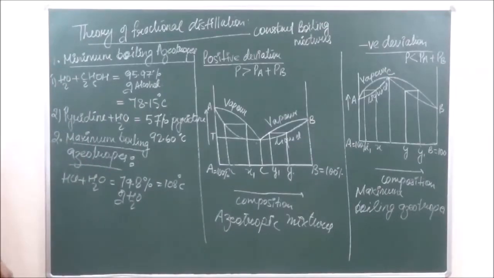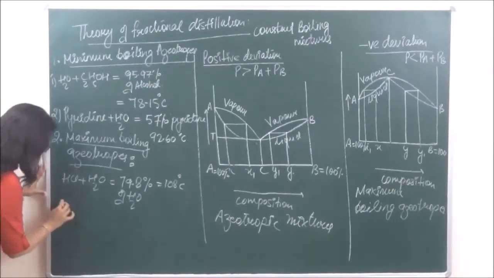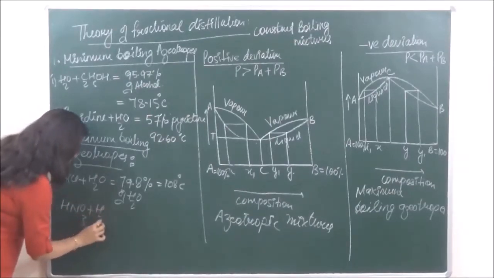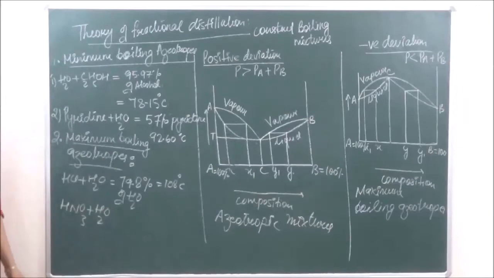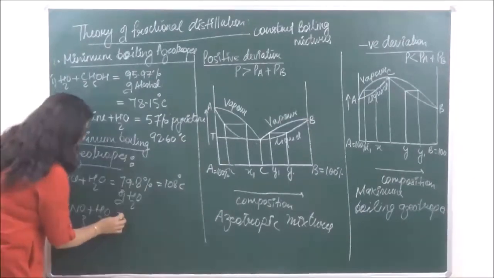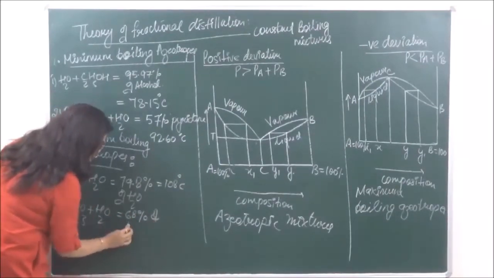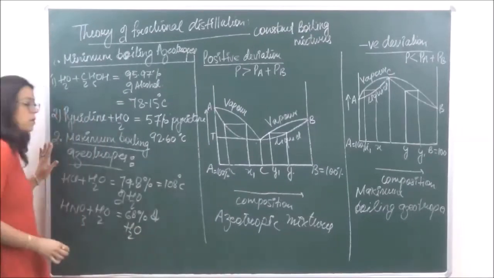Then another example we can take over here is HNO3 plus water, right? Here at C we can distill 68% of water.